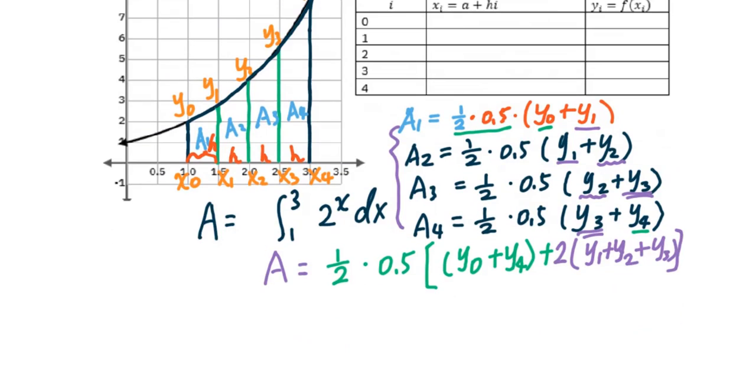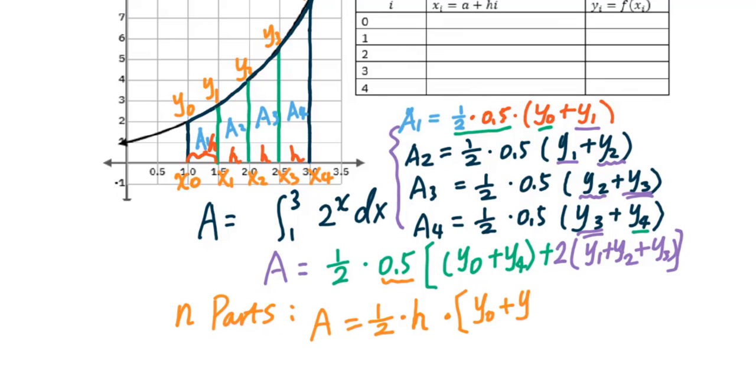Think about what if we divide this area into n parts. Then the area equals 1/2. Let's change 0.5 into H. And you will get Y0 plus Yn. Then plus 2 times, from Y1, you keep adding to Yn minus 1.